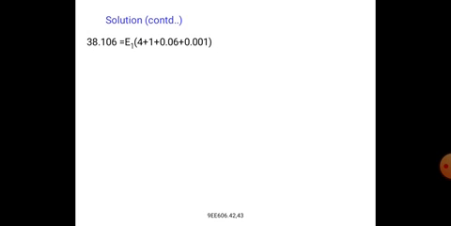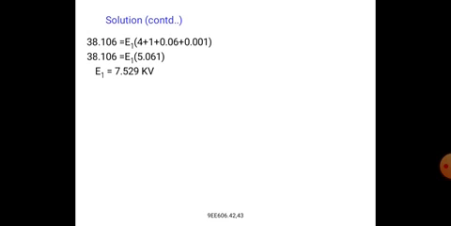So we get the value of E1. E1 is equal to 38.106 by 5.061, that is equal to 7.529 kV.